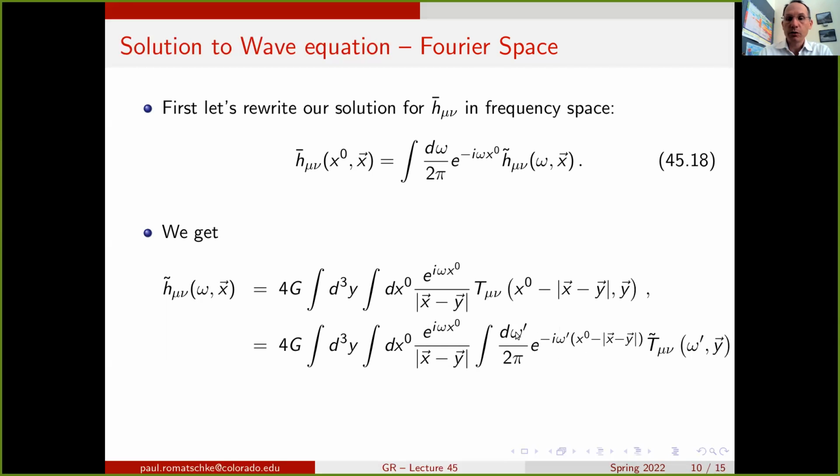Because these are just exponentials, the x0 integral brings us a delta function, omega minus omega prime, which we can use in turn to do the omega prime integral. Long story short, we find that in frequency space, the Fourier transformed strain is given as an integral over space times the energy momentum tensor in Fourier space and this Fourier factor.